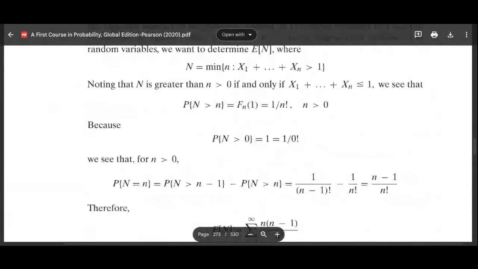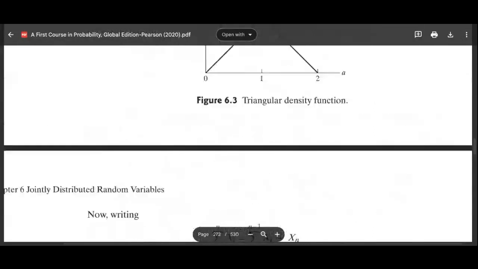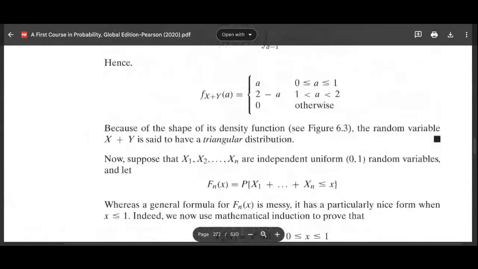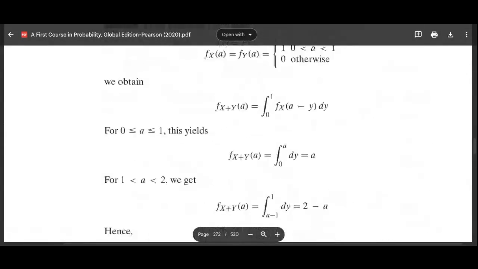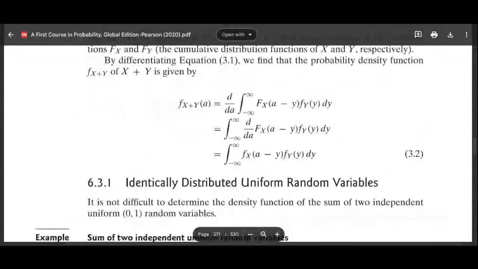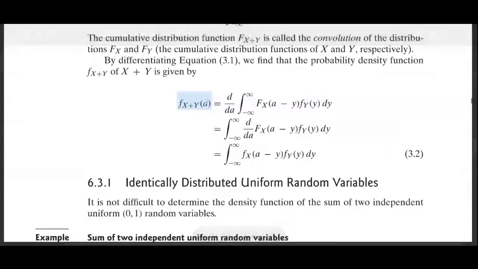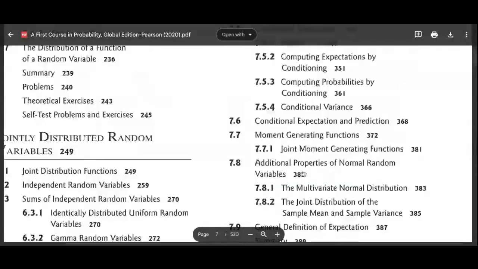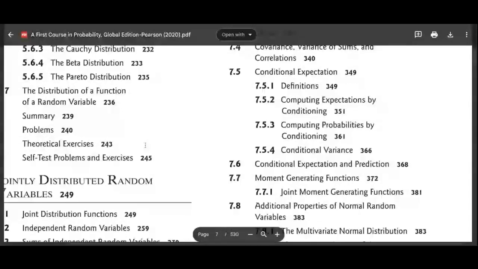Use equation 3.2. I just want to go back to see 3.2. This one. The density of x plus y at a equals this.